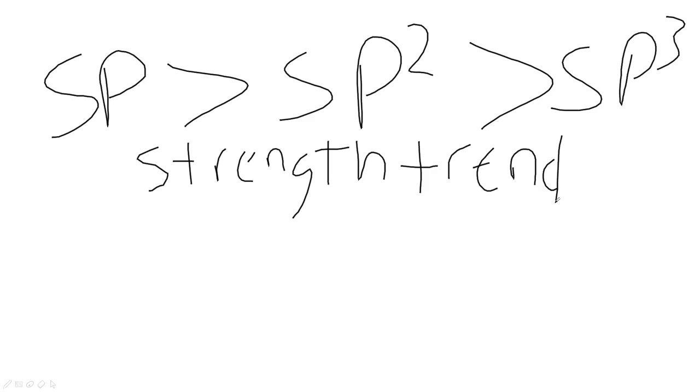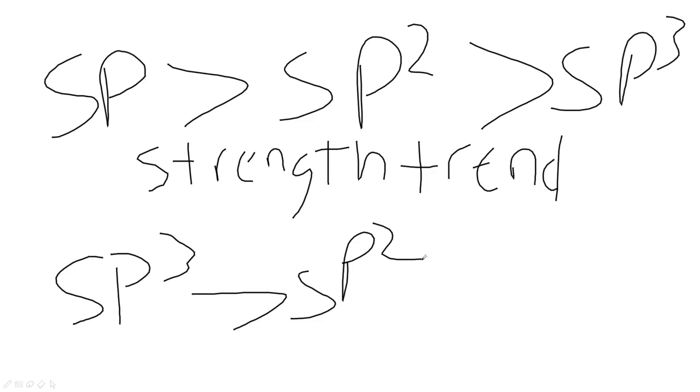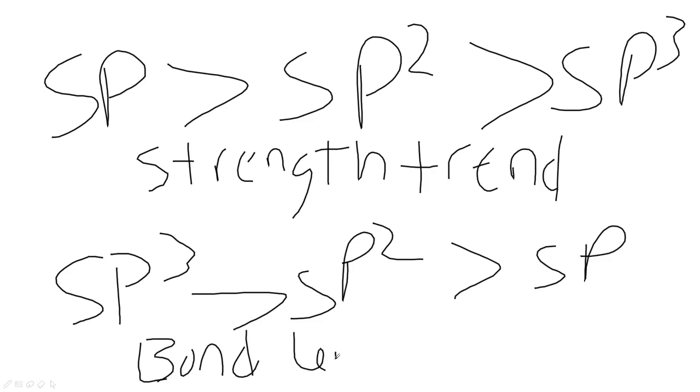Now for the bond length. The bond length increases in the opposite order, from sp3 to sp2 to sp. That means sp3 is longer than sp2, which is longer than sp. So this is the bond length trend.